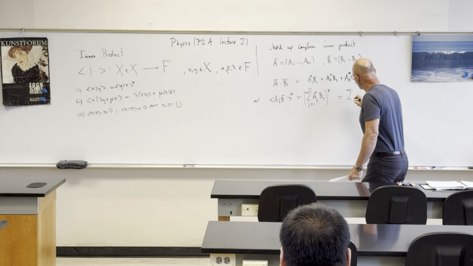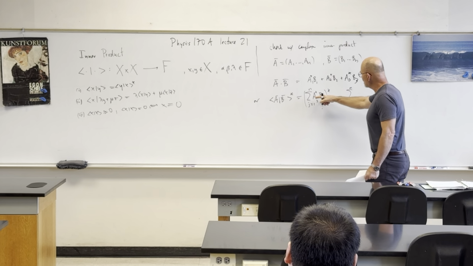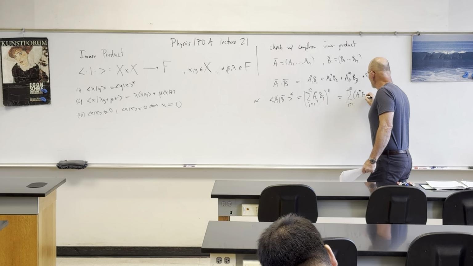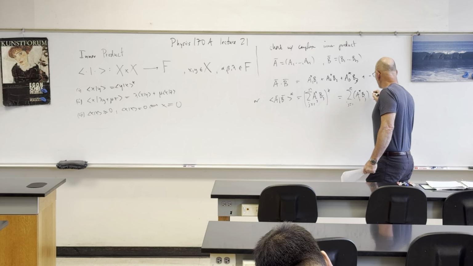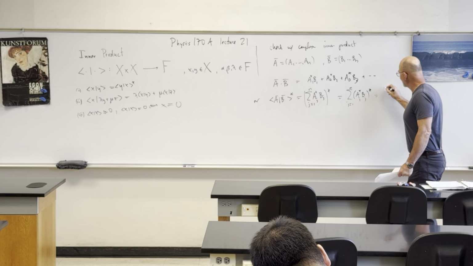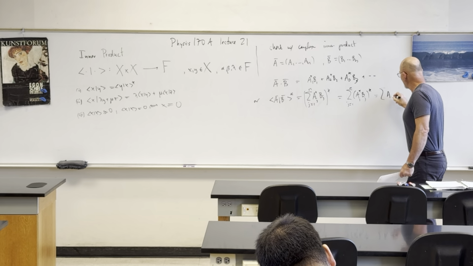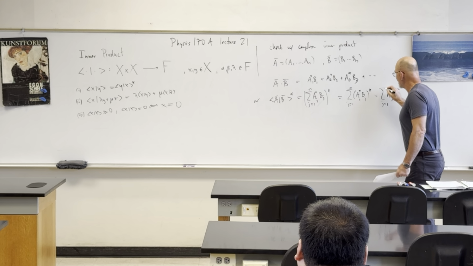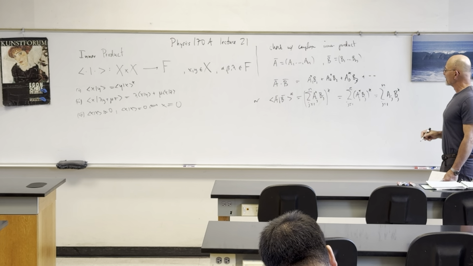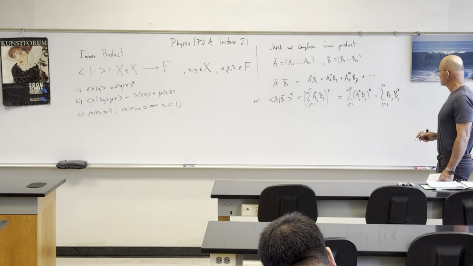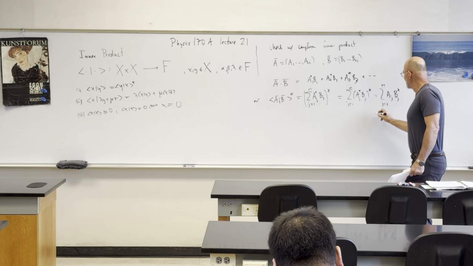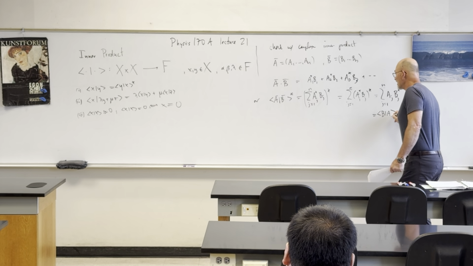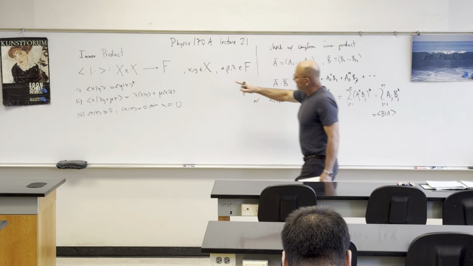And then you're complex conjugating each one of these summands, so A sub J star B sub J, complex conjugating those, and you end up with B sub J star A sub J. So that is equal to B dot A. And that's that property right there, okay.